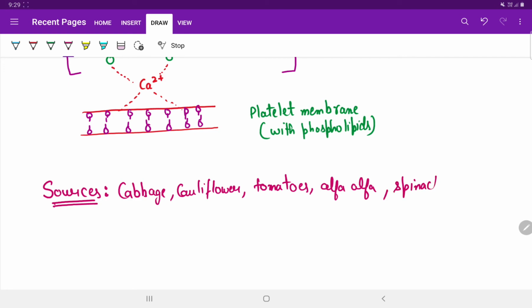So all the green vegetables have an ample amount of vitamin K in them. It is also present in non-vegetarian sources such as egg yolk, meat, liver, cheese and other dairy products.